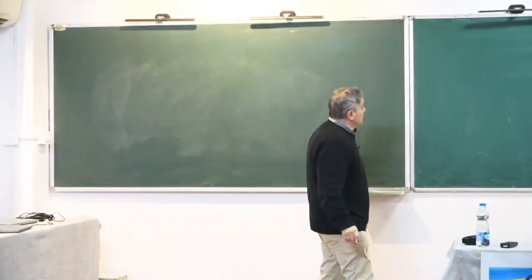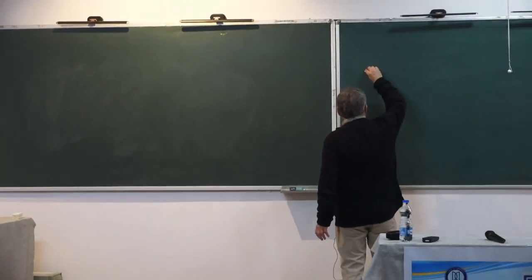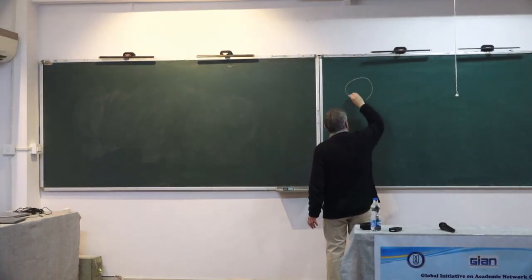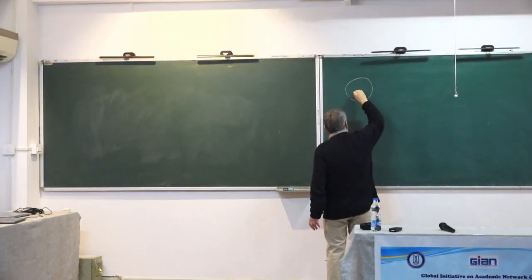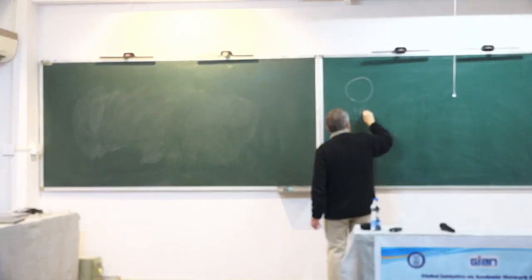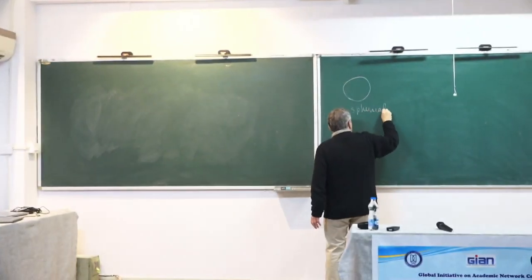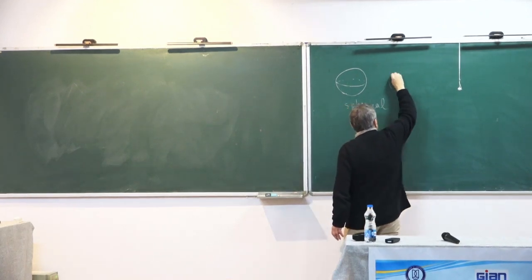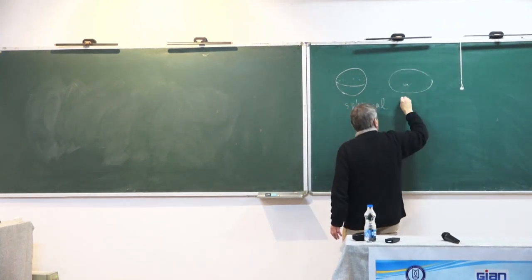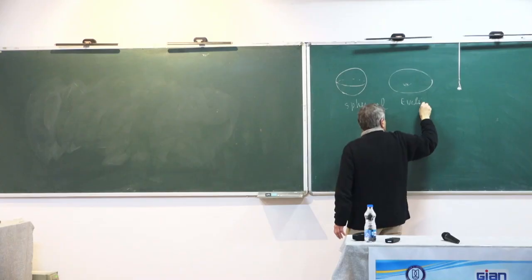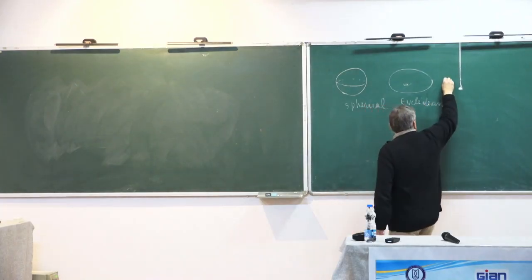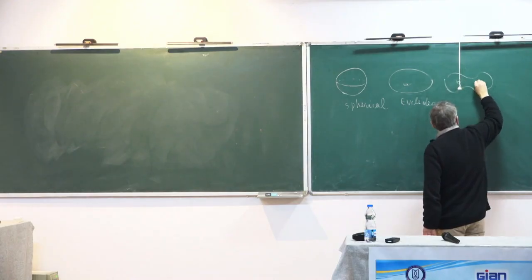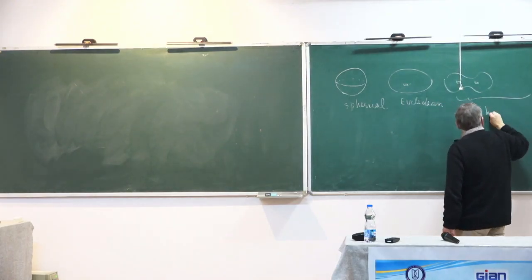So let me just remind you of something. Let's say we have all these geometries. So this is spherical. This is Euclidean. And this is hyperbolic.